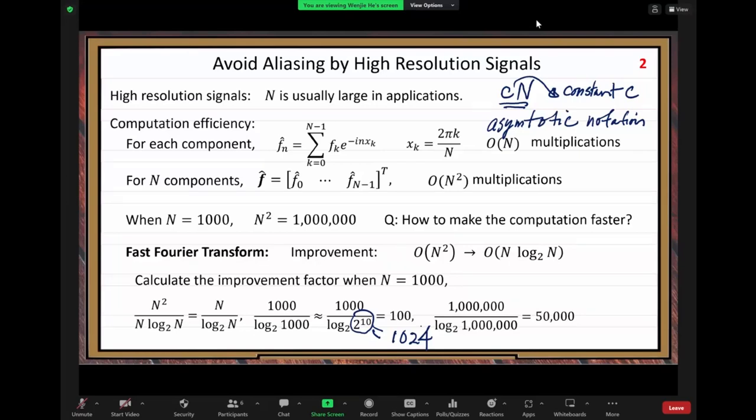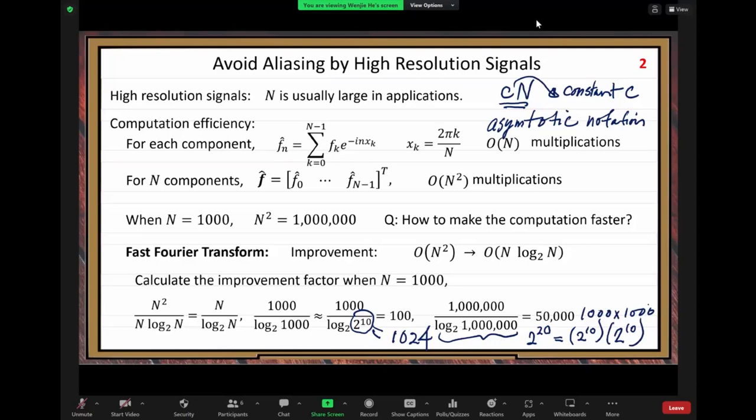If we take log base 2 of 1 million, do you have an idea how much that is? 2 to the power of what? 20, because 2 to the 10th times 2 to the 10th, each one is approximately 1,000, and 1,000 times 1,000 you get 1 million. So 2 to the 20th is 1 million.